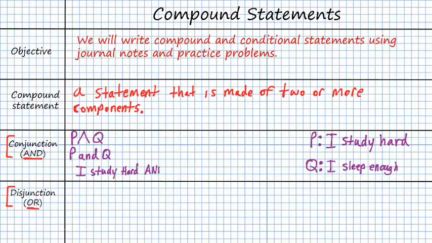All right, so what we can say about conjunction is that conjunction is only true when both P and Q are true.